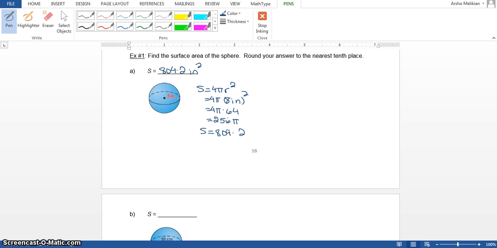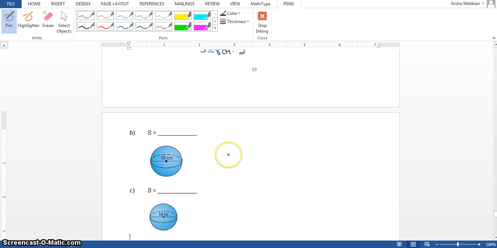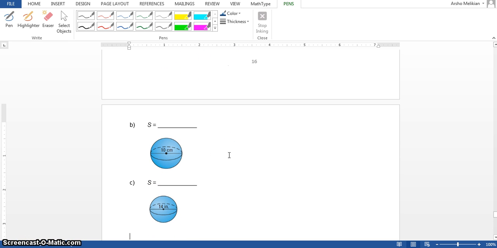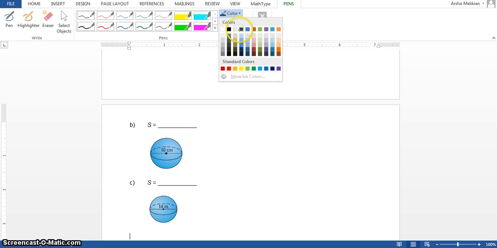Basically it's that one formula, anytime there's area. Now, in this example, it's 804.2 inches squared. In this problem, you're given the diameter, which is 10.